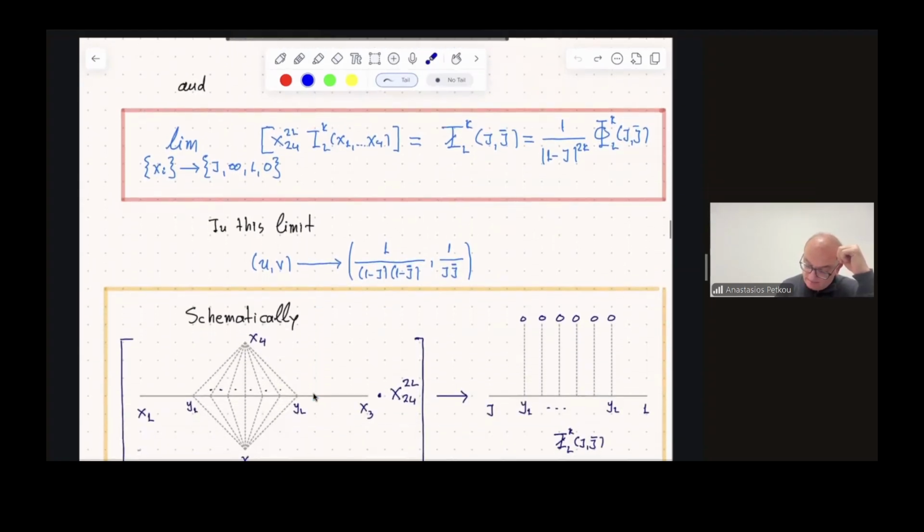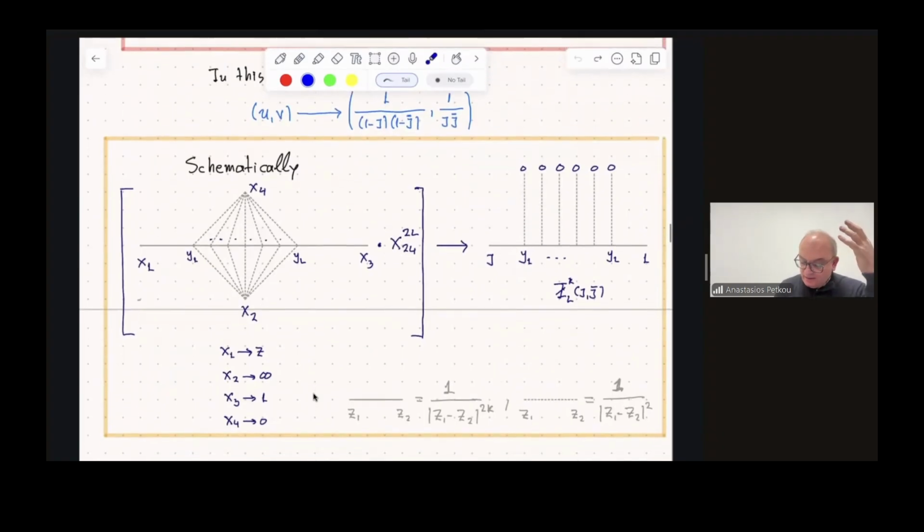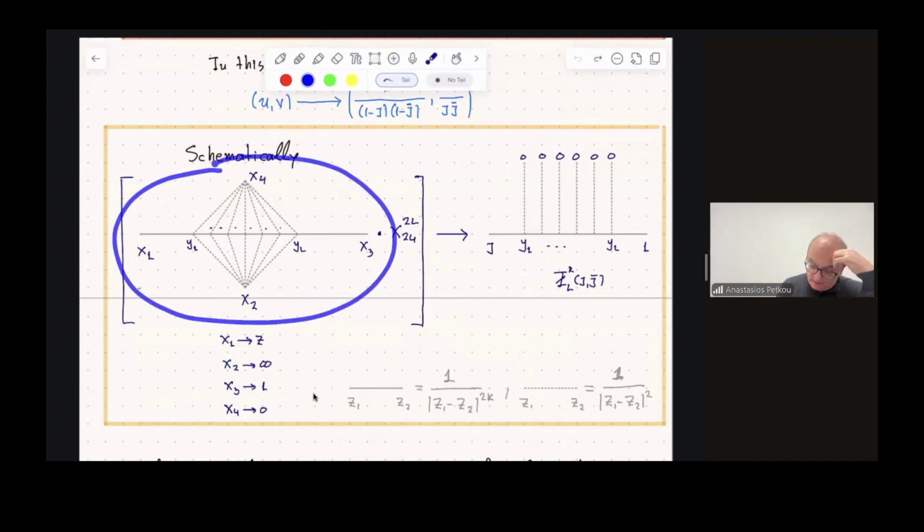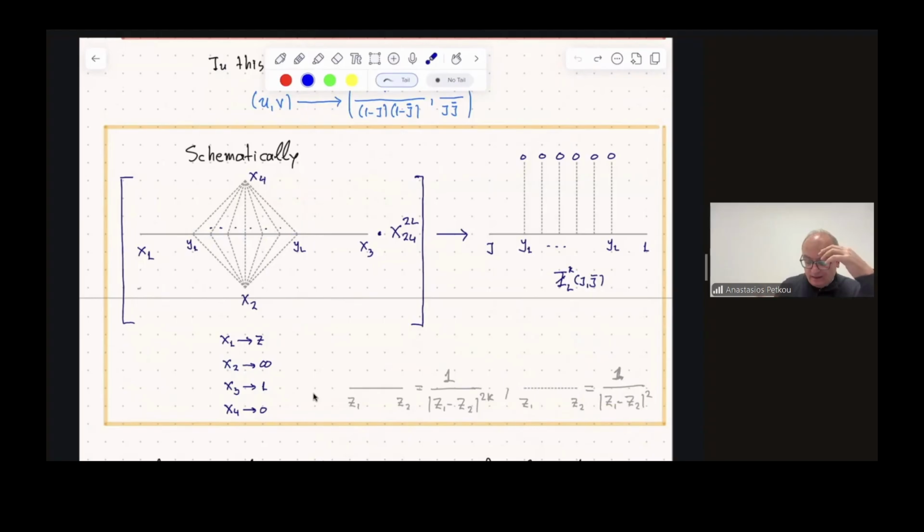So what are these integrals pictorially? These are the L-loop integrals of this form, x1, x2, x3, x4. At each point, you may have a coupling like g squared, which essentially is a loop counting parameter. It has to be a marginal coupling.